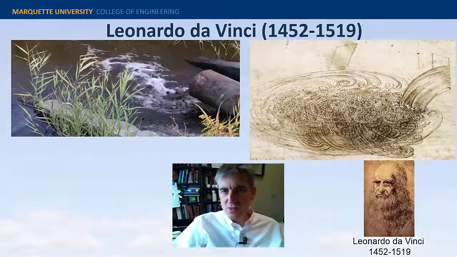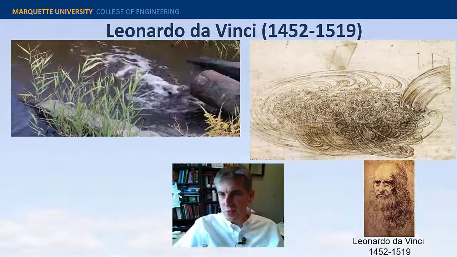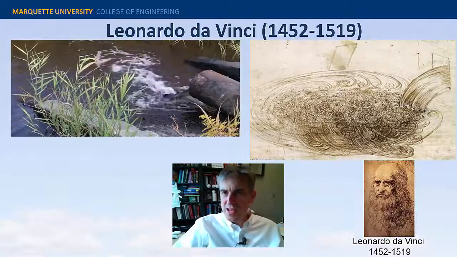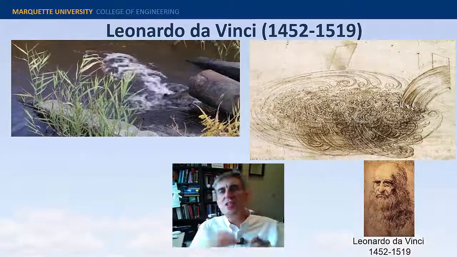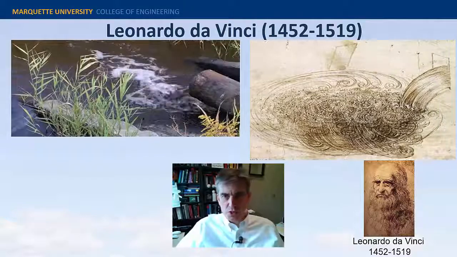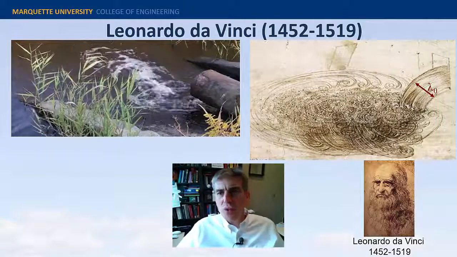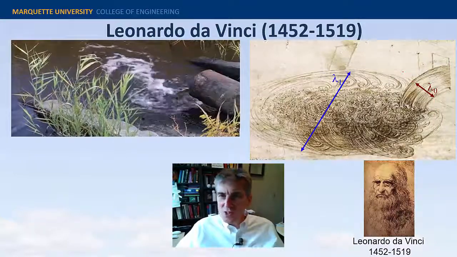Here's a drawing by Da Vinci kind of illustrating what I'm talking about. Da Vinci was no fool, right? Here's the water coming in, and this is a tidal pool. This isn't just chaos. He's drawing scales, very obvious scales. Distribution of scales is what he's drawing, right? So there's a scale length associated to this flow coming in. Maybe it's this lambda naught. But in general, there's a large scale.